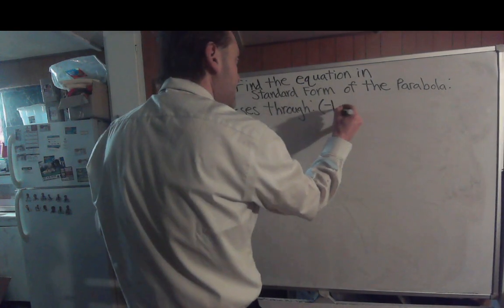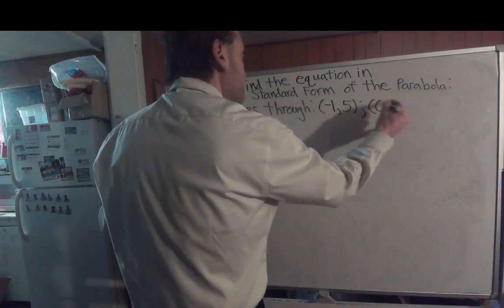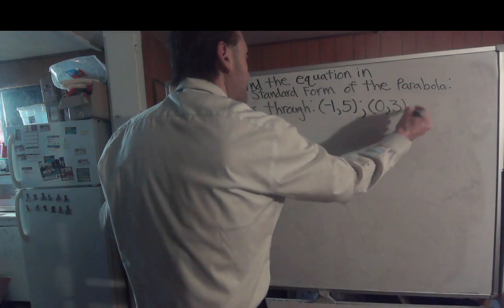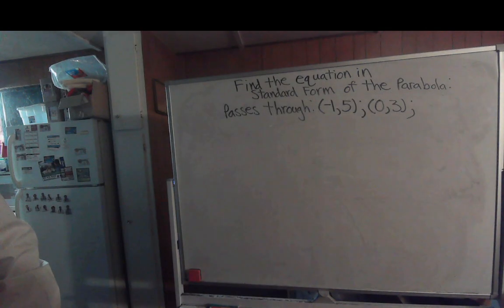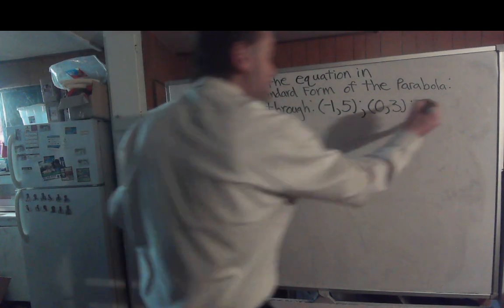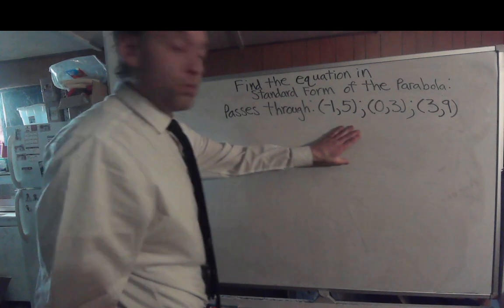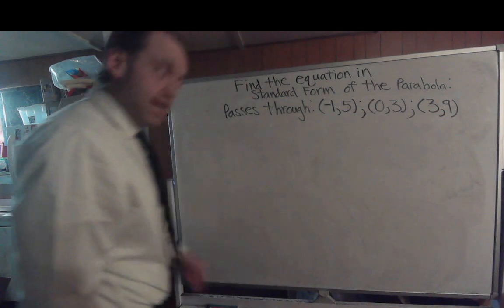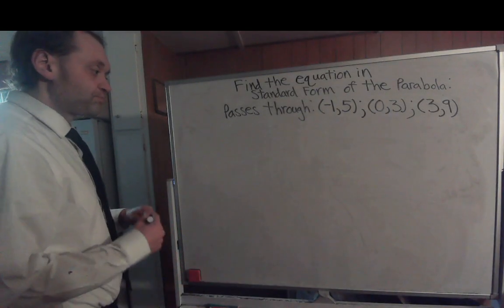Negative 1, 5, 0, 3, and then there's one more point, 3, 9. So the parabola passes through the points negative 1, 5, 0, 3, 3, 9. How in the heck are we going to do that?